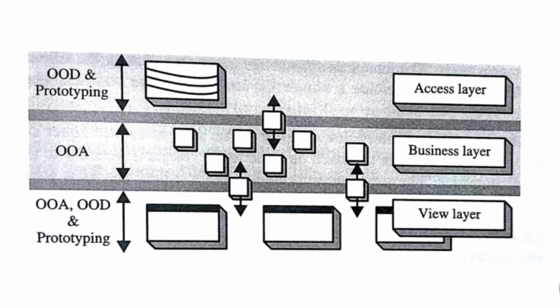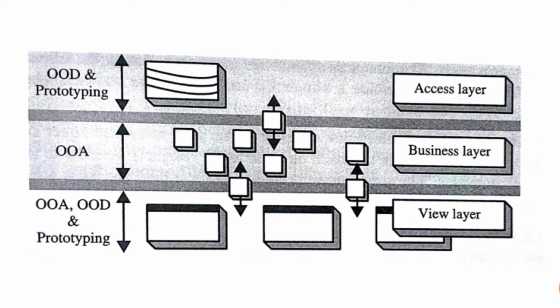So the control will be in the hands of the interfaces we have between the view layer and business layer. This layer is responsible for two major aspects. One is responding to the user interaction, and then it will be displaying the business objects. So this is responsible for two major aspects.